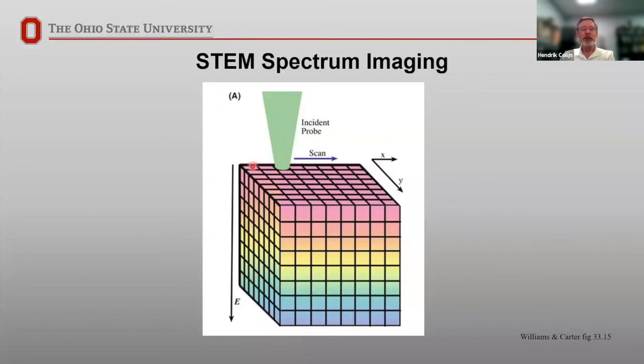But as the beam sits on a pixel, it's also generating X-rays. So if we have our X-ray detector running, then we can collect X-ray counts at each particular pixel. So we now have a position-sensitive X-ray map that we're getting.